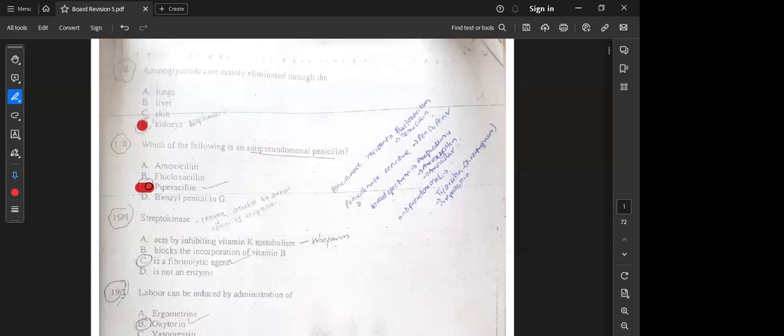Urokinase. Urokinase from urine. Then the alteplase, which is commonly used, especially for stroke.